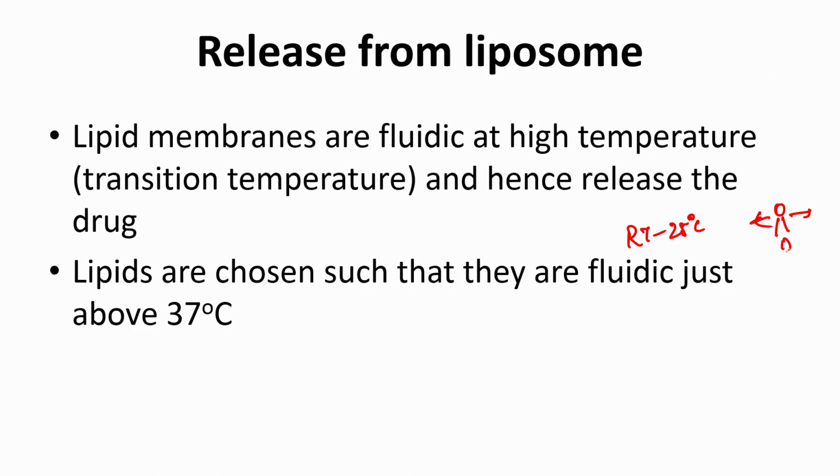The drug encapsulated between these lipid structures is not able to come out, but as you increase the temperature, the movement increases and the drug can slowly diffuse out. So, you use lipids which have a Tm of about 37 or higher, and once you inject it in the body it will start to release the drug. The higher the Tm, the slower the release of the drug.